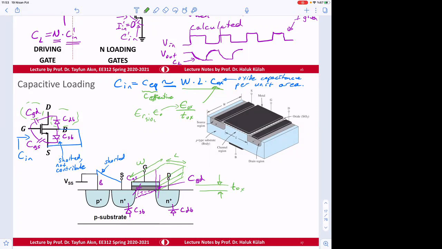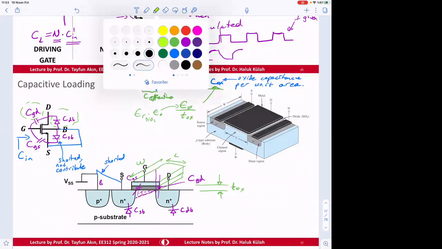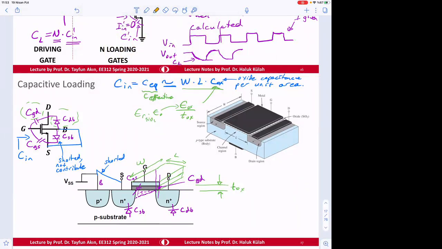For this course, I think this detail is enough. That's what we will be using, and this is how we will be considering the load capacitance here. So this will be our load capacitance.